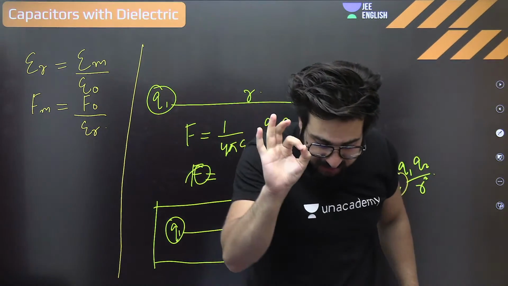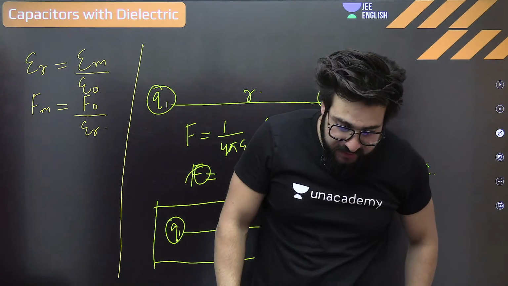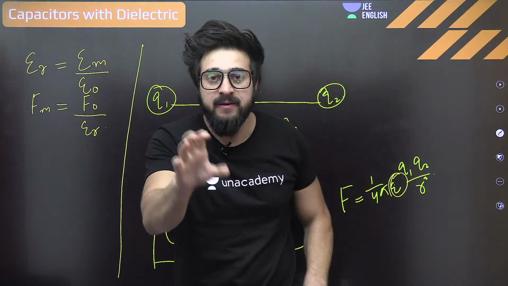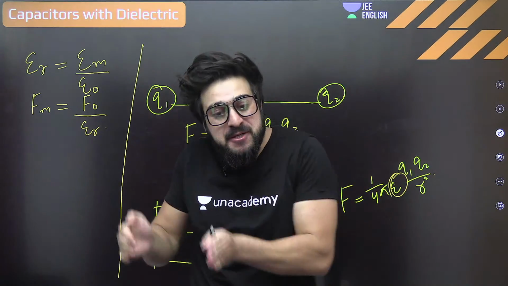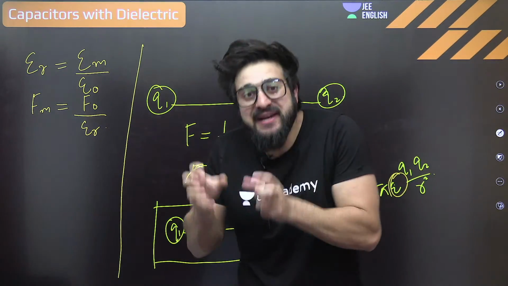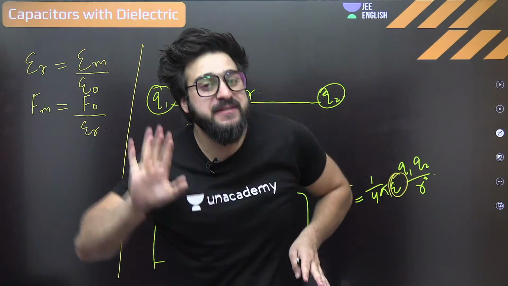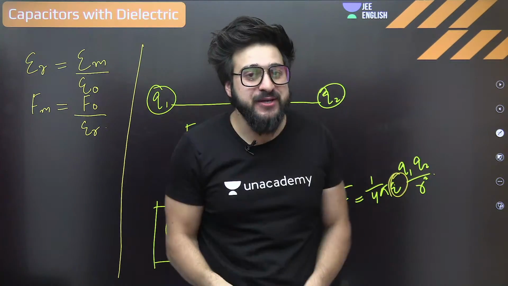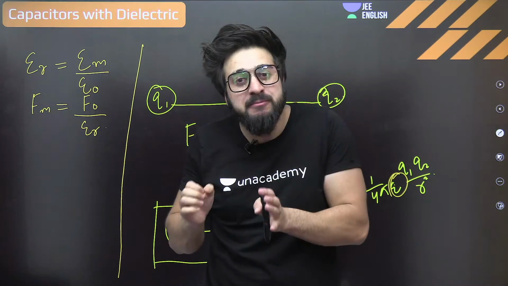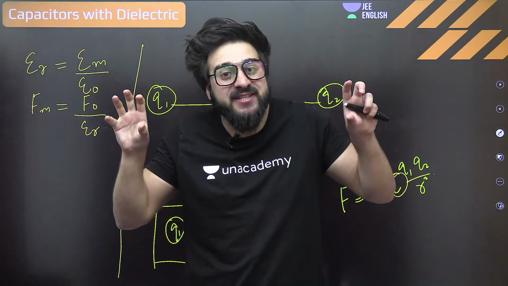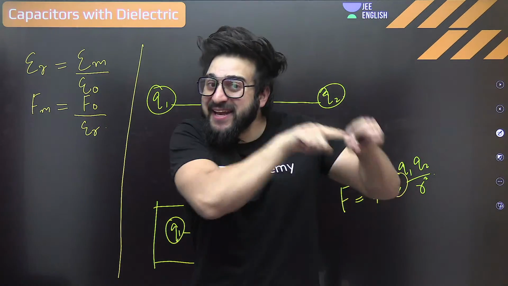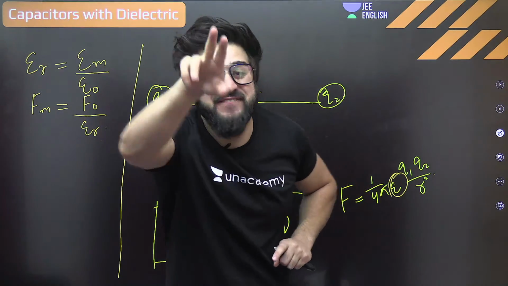From now onwards, listen to me very carefully. We say this relative permittivity tells you how much permittivity a medium has as compared to free space. Point number one. Point number two is this relative permittivity is telling you how much force the two charges apply on each other in any medium as compared to the free space.